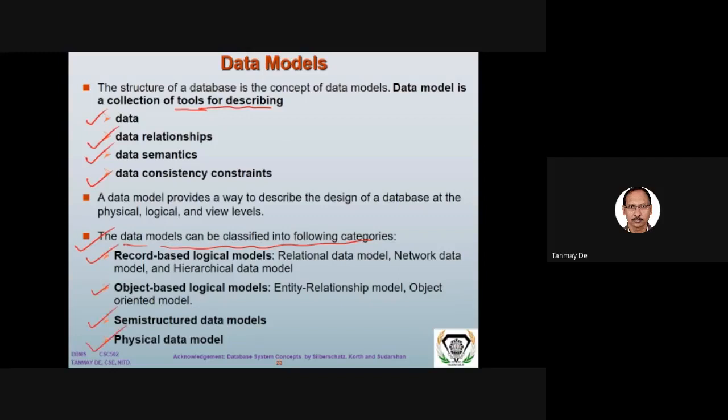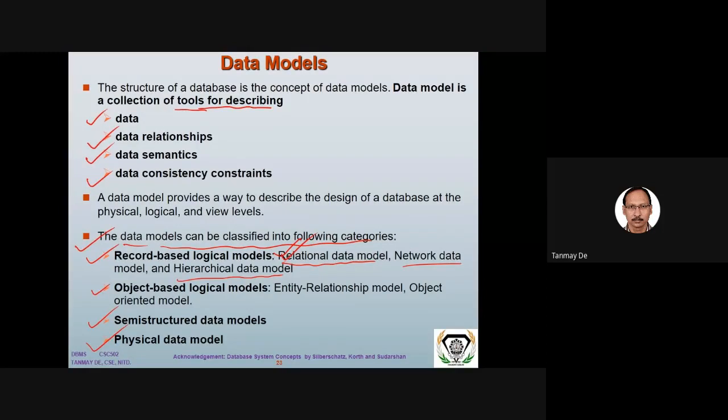Basically, the physical data model, the name is clear, is used to represent the physical schema. And in the record-based logical model, there are three types: relational data model, network data model, and hierarchical data model.